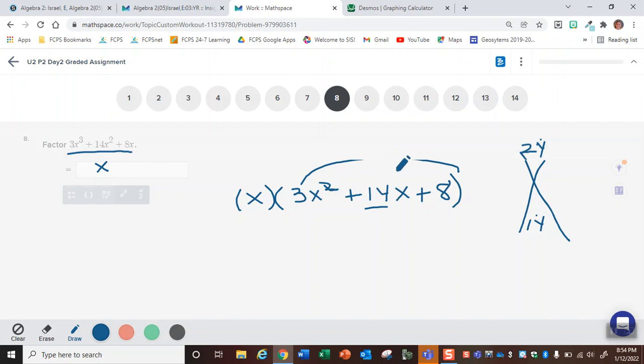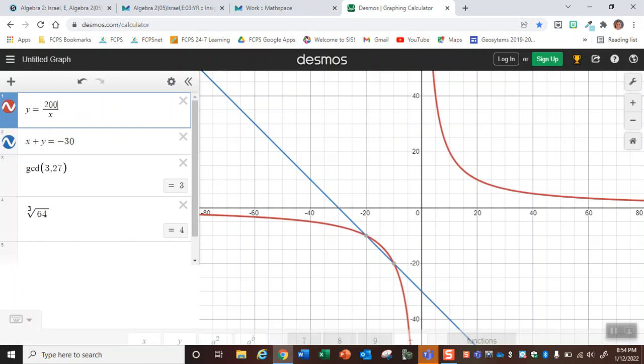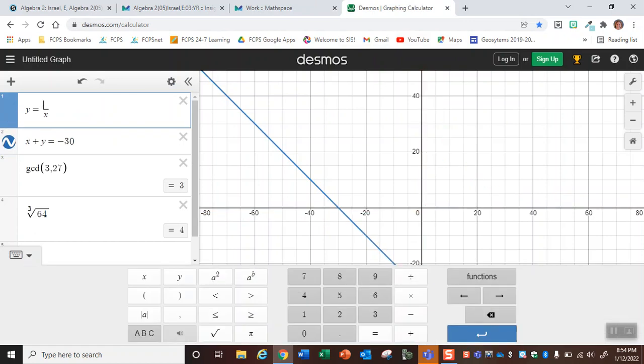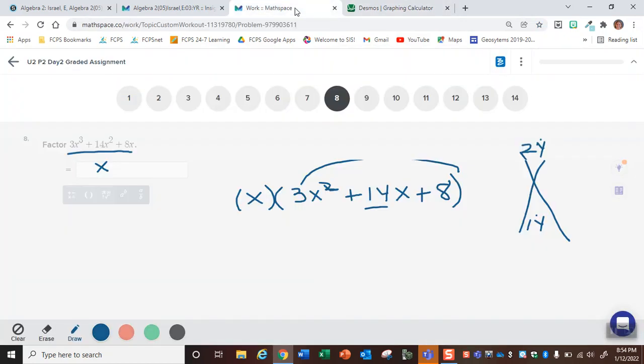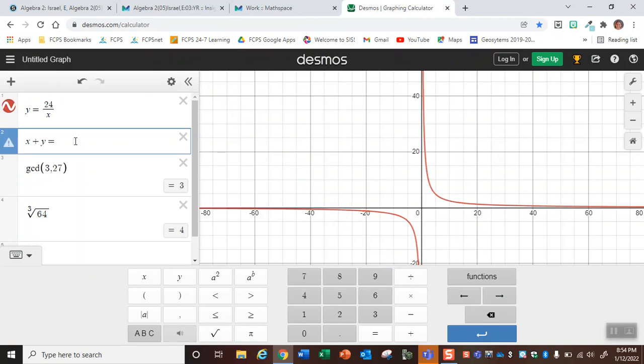All right. I'm going to do 24 and 14. All right, so I've got 24, and then I want them to add to 14. And my two numbers are 2 and 12.